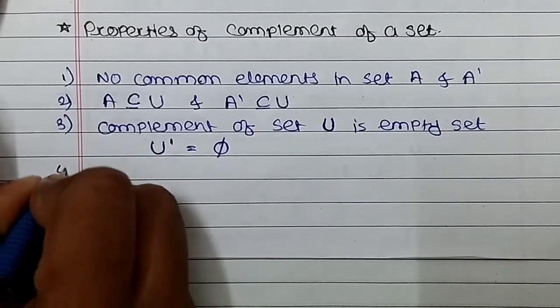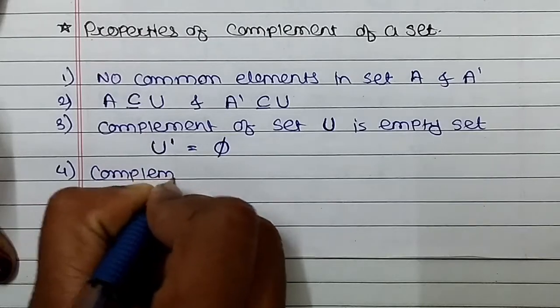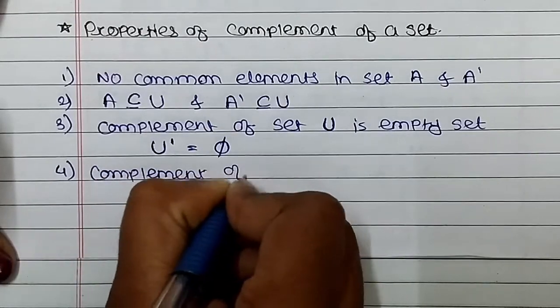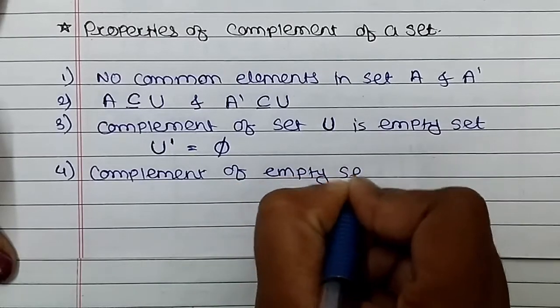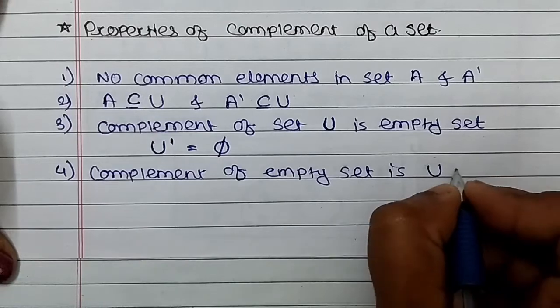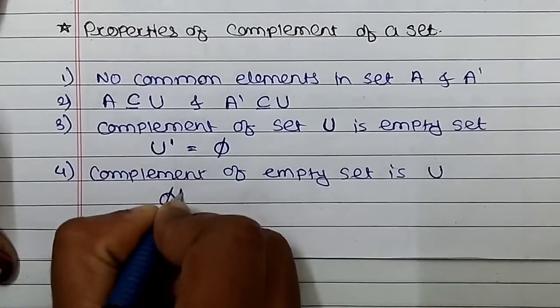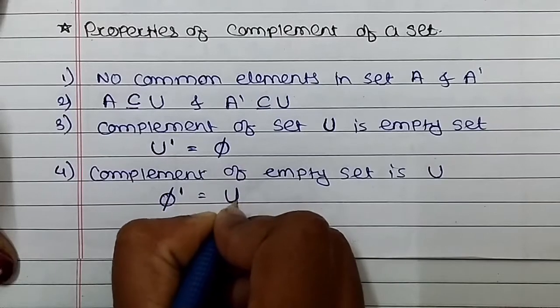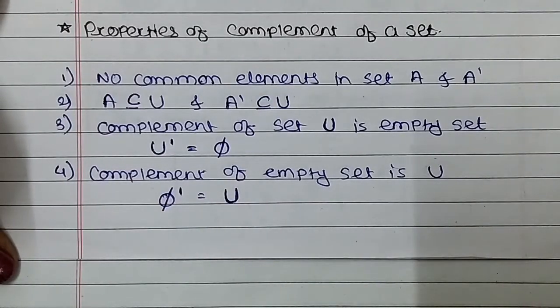Okay, next, fourth property, complement of the empty set is U, that is the universal set. So we can write it as complement of phi is equal to the universal set. Okay, so in this way we will study here some properties of the complement of a set.